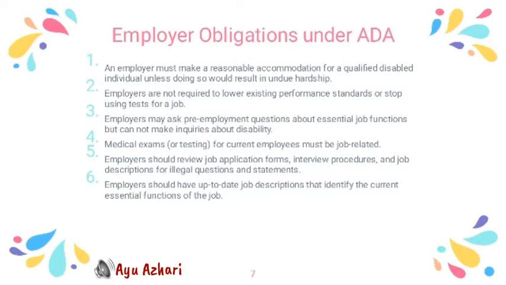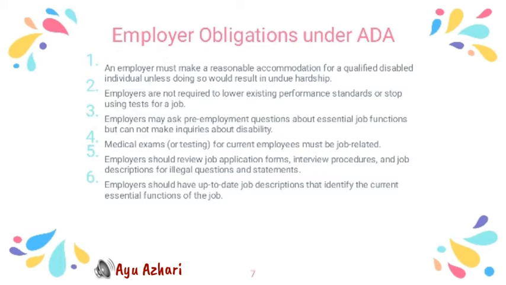Employer obligations under the ADA. The first, an employer must make a reasonable accommodation for a qualified disabled individual unless doing so will result in undue hardship. Second, employers are not required to lower existing performance standards or stop using tests for a job. Third, an employer may ask pre-employment questions about essential job functions but cannot make inquiries about disability.